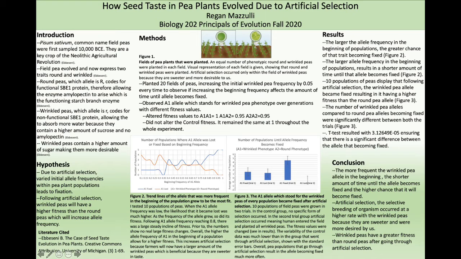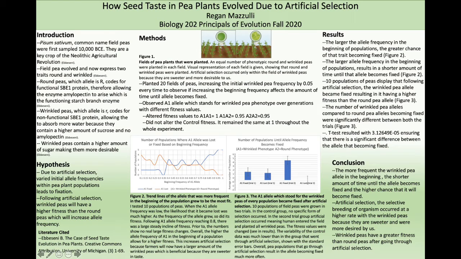So as we progressed and increased the frequency of the beginning by 0.05 each time, we can see that it gradually became more and more often that it was becoming fixed and less often that the allele was becoming lost.